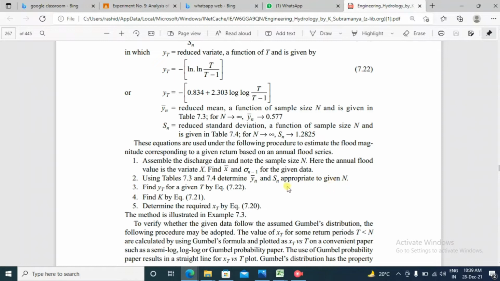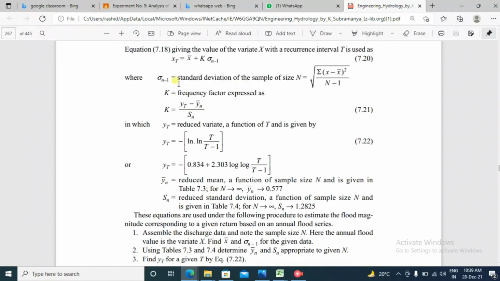The third step is to find yt for the given t equal to 100, which will be calculated with this equation. Then we calculate k, and finally with this equation we calculate x100. Let us start.